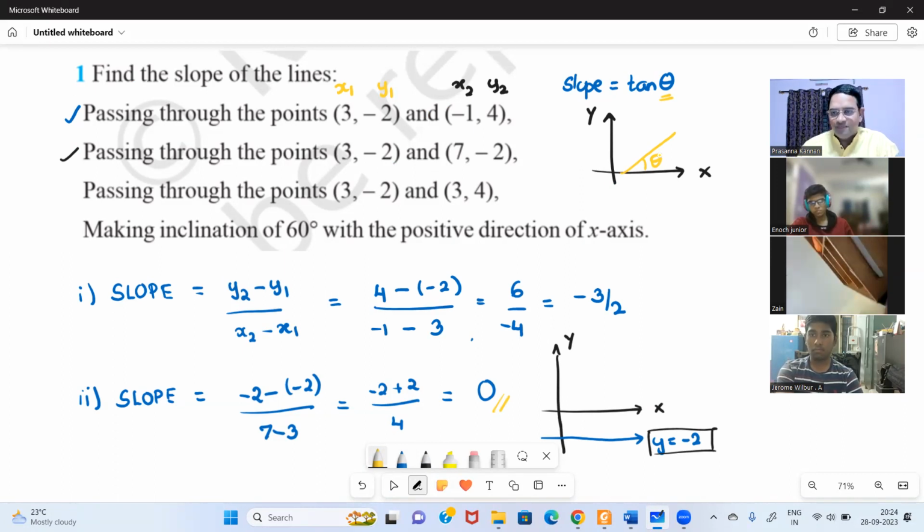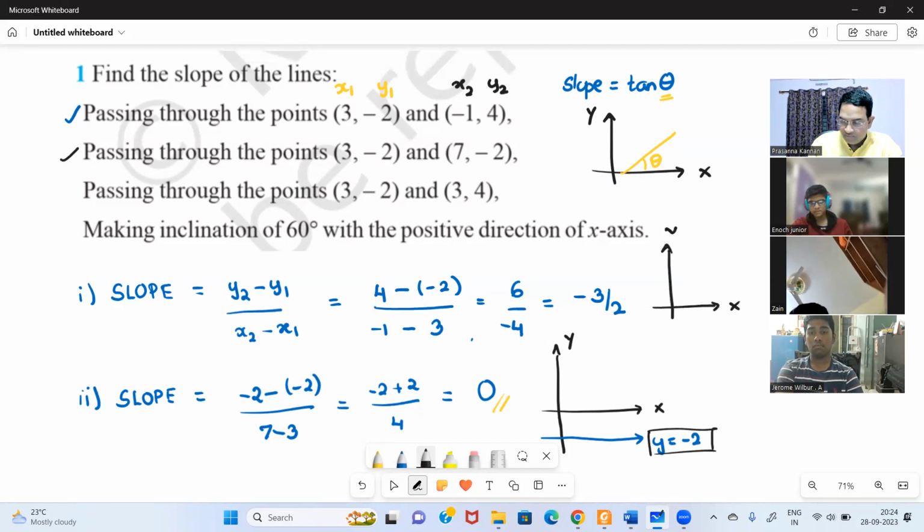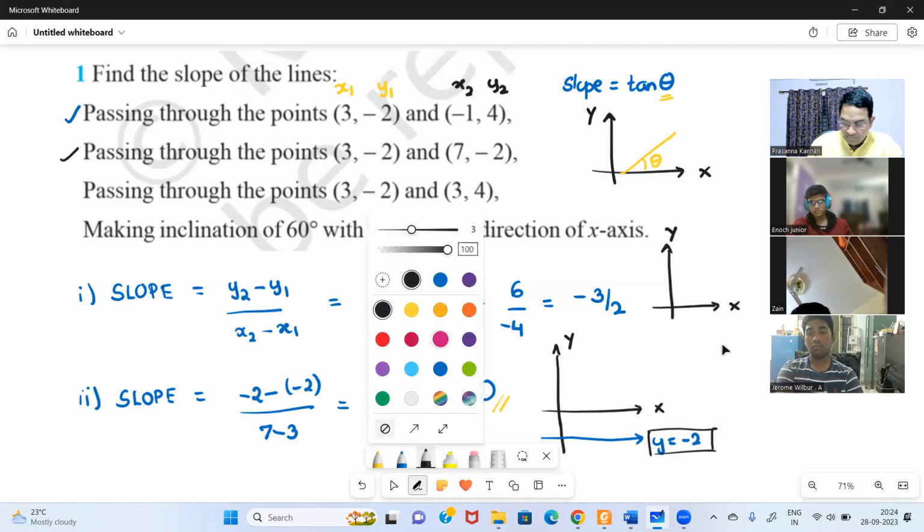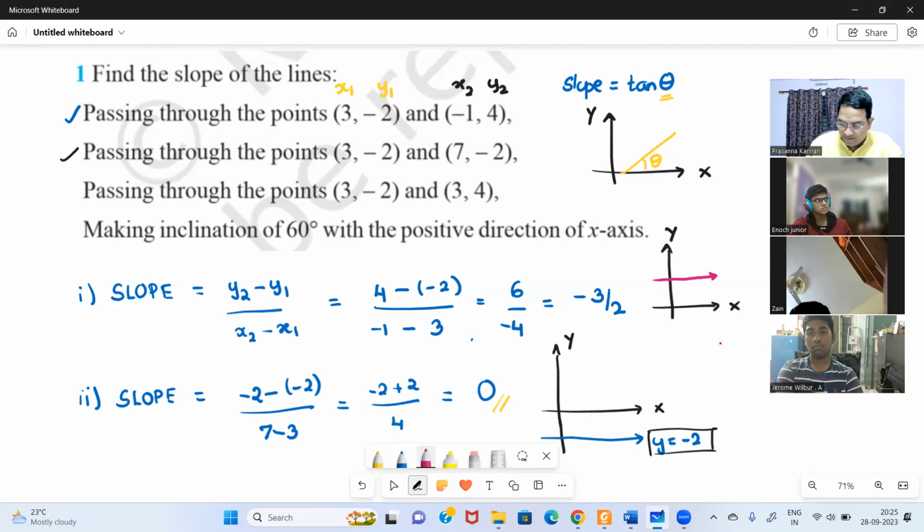Are you clear now? So once again, let me just clarify. If I have a line which is parallel to x-axis, what is my slope? 0.